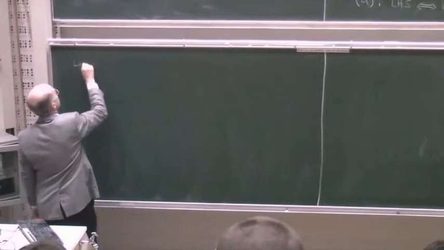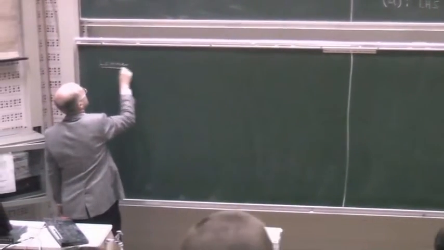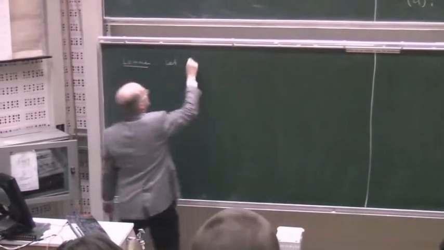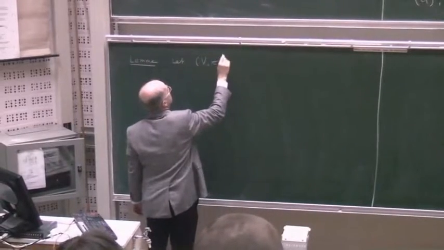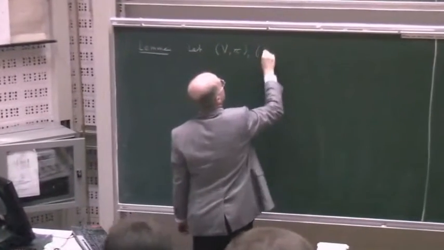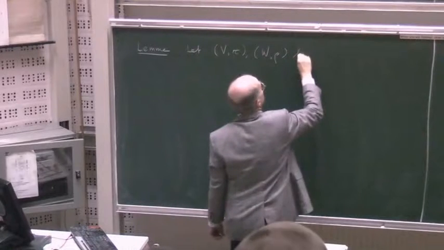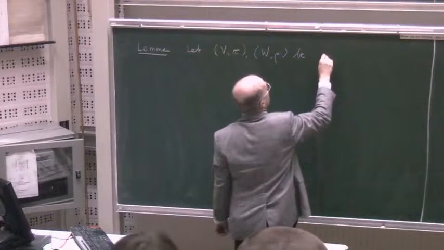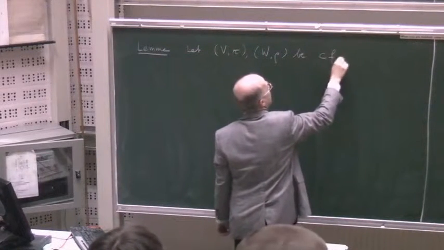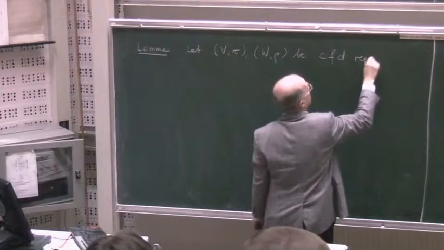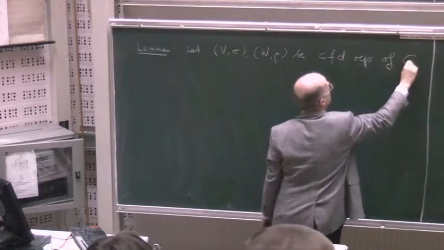So this will be the next lemma. So let V pi and W rho be two continuous finite dimensional representations of the group G.